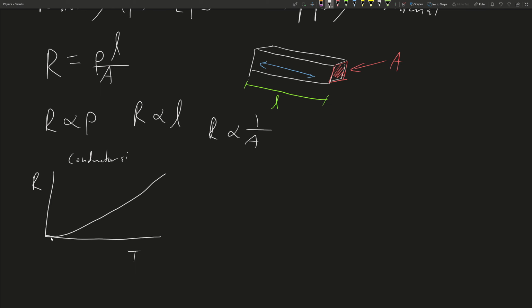And you can have zero resistance if you get to absolute zero, but then impurities in the metal, or things like that, can affect it. But at extremely low temperatures, you'll have around zero resistance. And then as temperature increases, you get to a linear region.